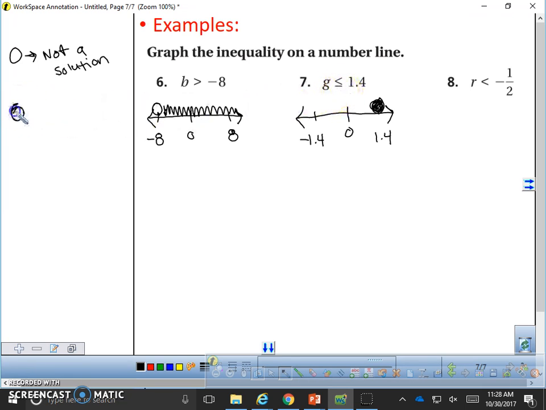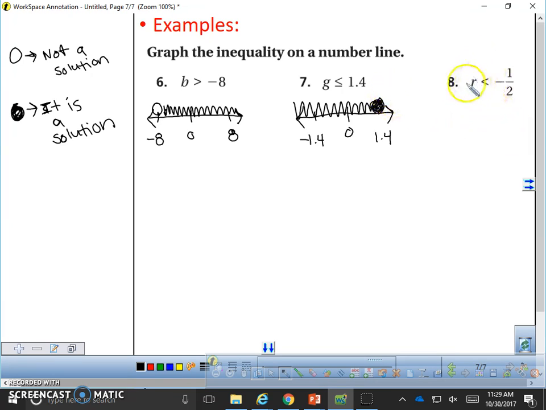So filled in circle. It is a solution. And g is smaller, it's eating the bigger number, so we're going to shade to the left. And here's all of our answers, all our possibilities to make this statement true.